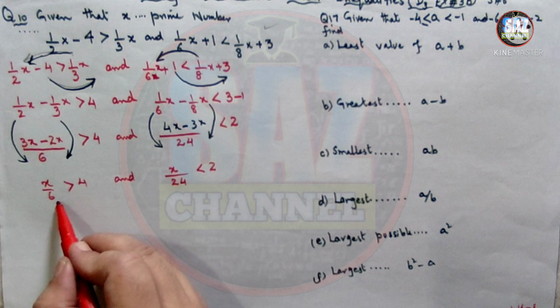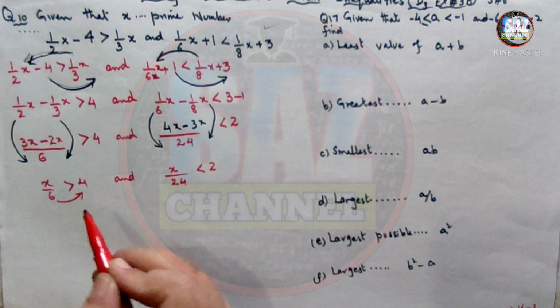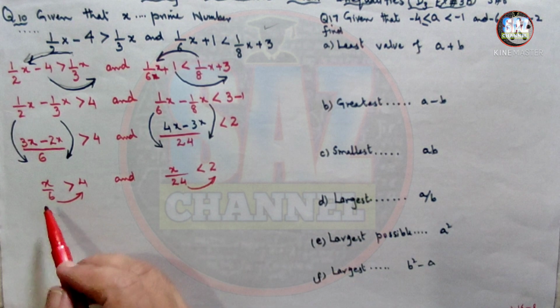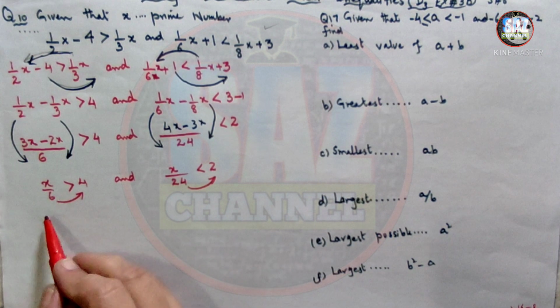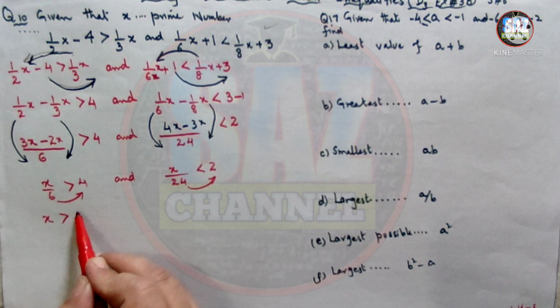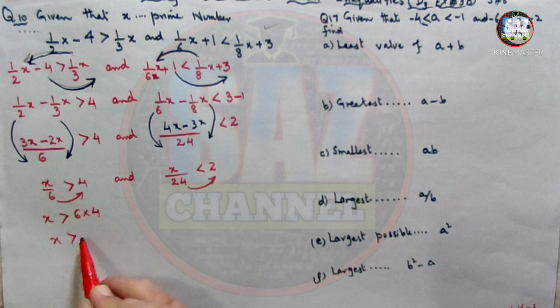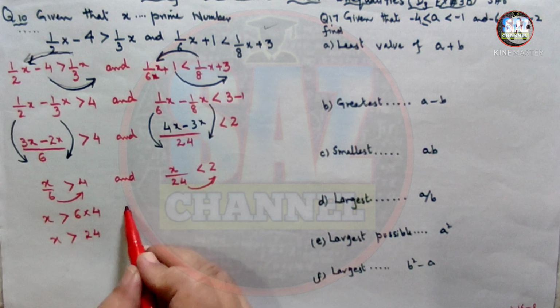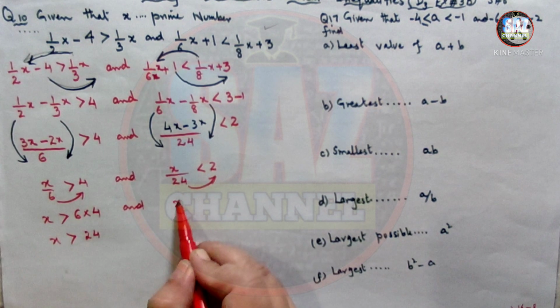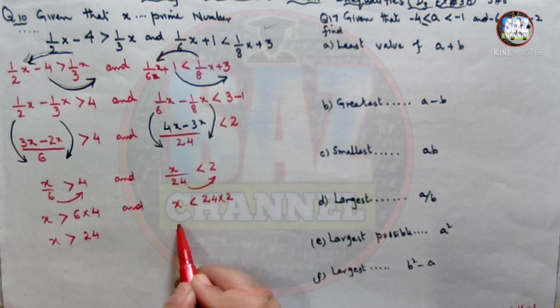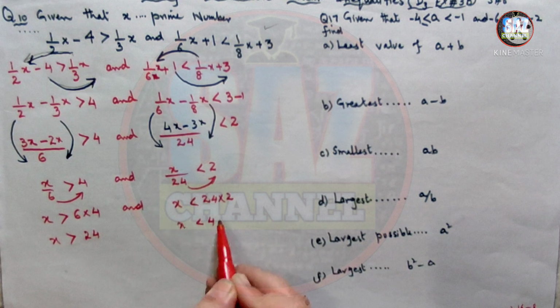So I have to shift this 6 to the other side and 24 to the other side. As 6 is in the denominator, when it is shifted to the other side it will be multiplied by 4, x greater than 24, and x less than 24 multiplied by 2, x less than 48.